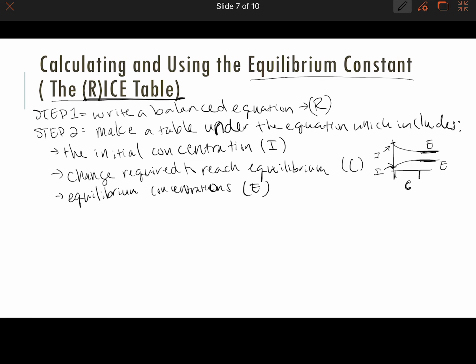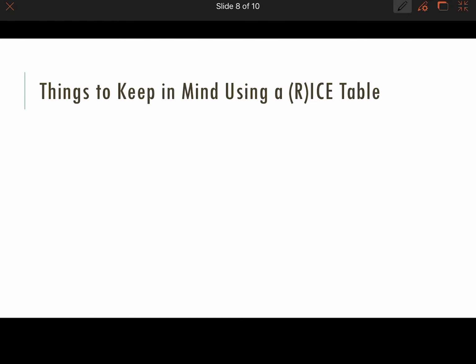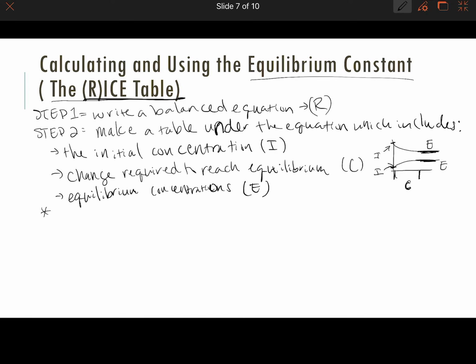So we are going to use X to define the concentration of one of the substances, and that's going to be in molarity.